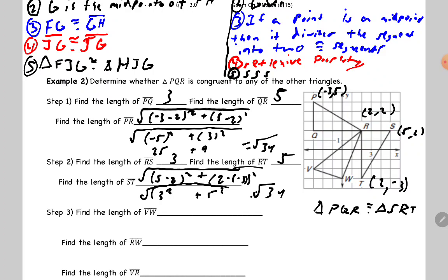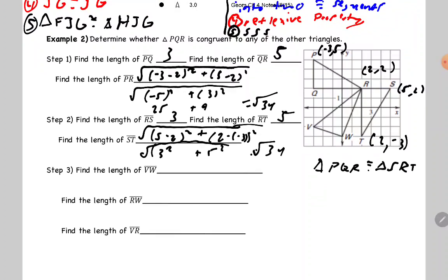PQ is the same side as SR. So I need to look at the corresponding points to name this correctly. Because PQ should be the same as SR. QR is supposed to be the same as RT, which it is. And PR should be the same as ST.